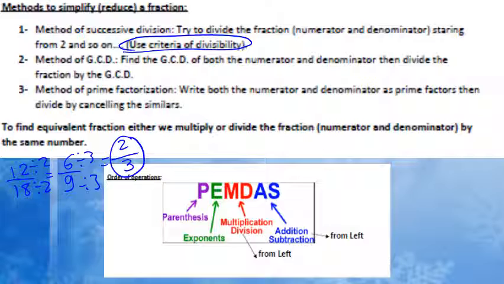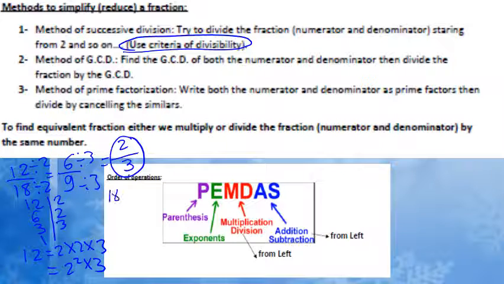Now the method of GCD: we divide the fraction by the GCD of the numerator and denominator. The prime factors of 12 are, by 2, it's 6, by 2, it's 3, by 3, it's 1. So the prime factors of 12 are 2 times 2 times 3, or 2 squared times 3.